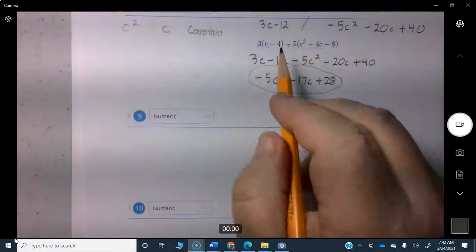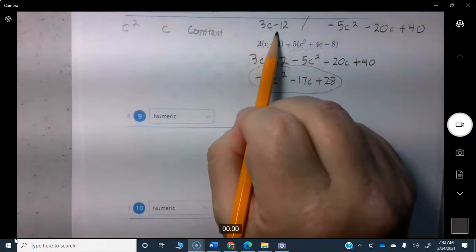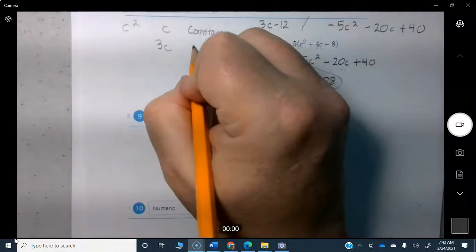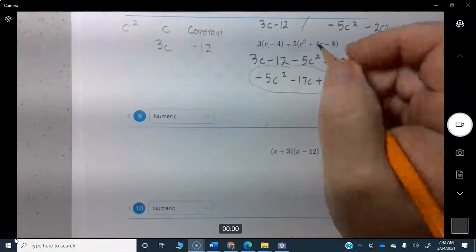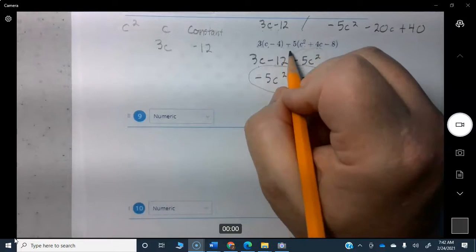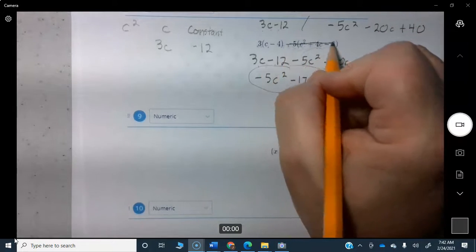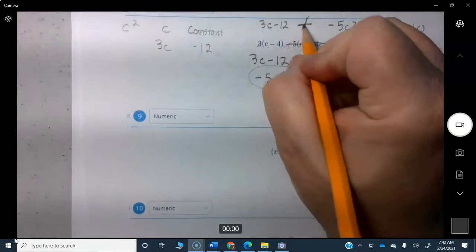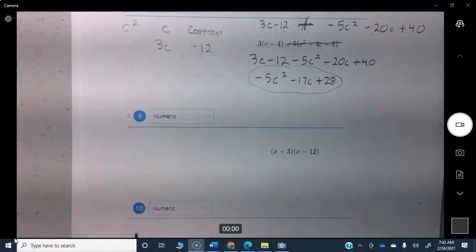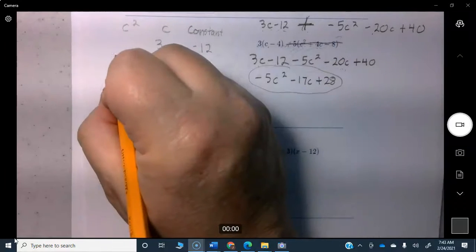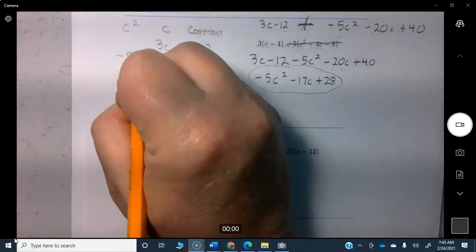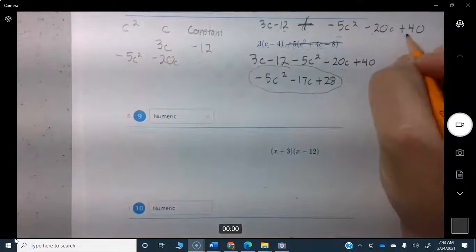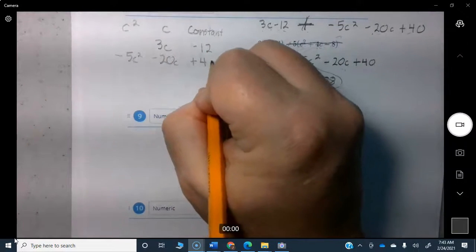Now I'm going to come over and place these. The 3c goes here, and then the constant is the minus 12. Now I've changed this minus to a plus, so we're done with the minus sign. It's this plus all of this. So now it's minus 5c squared, minus 20c, plus 40.